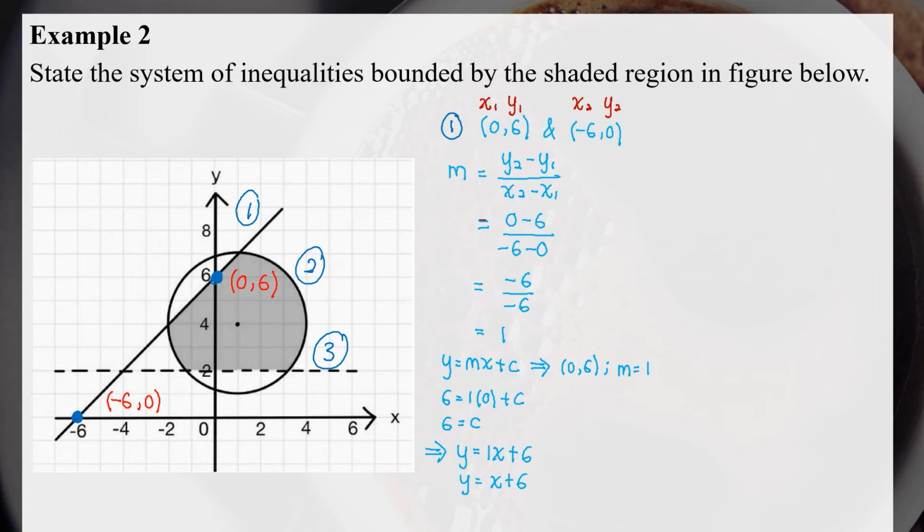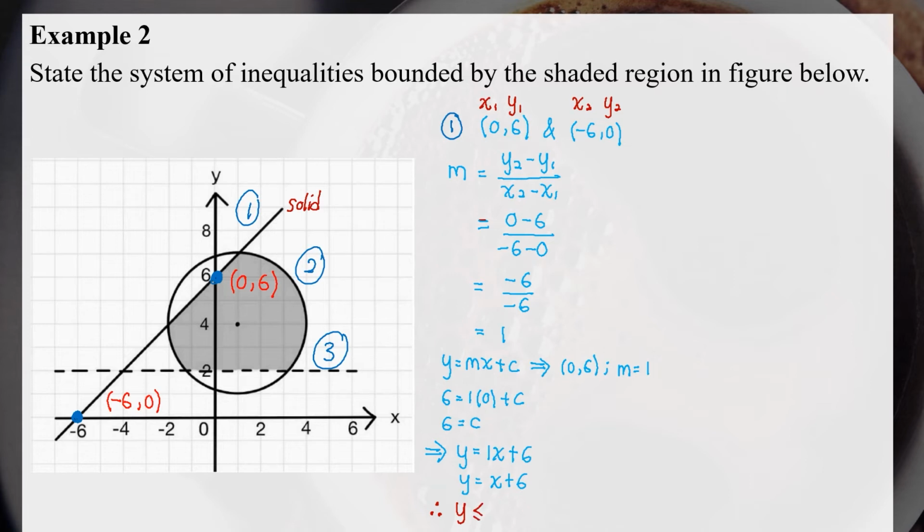You can see that this shaded region is below the line, and this line is a solid line. So here we have a solid line, and the shaded region is below the straight line. Therefore, the inequality is y is less than or equal to x plus 6.